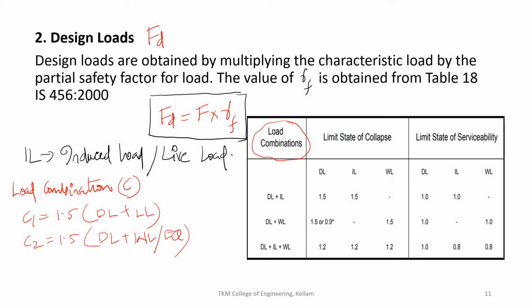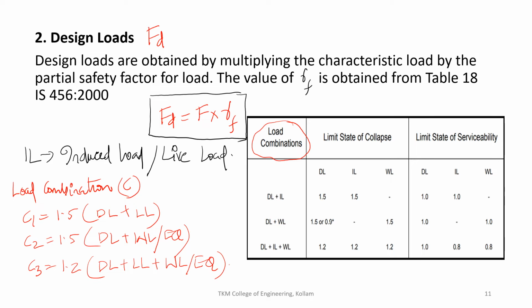And suppose I am considering the three loads together, that is dead load, live load and wind load or earthquake load, then I will consider the partial safety factor as 1.2, that is 1.2 into dead load plus live load plus wind load or earthquake load. This is because if I take 1.5, the load will be very high, and that load won't occur in the lifetime.